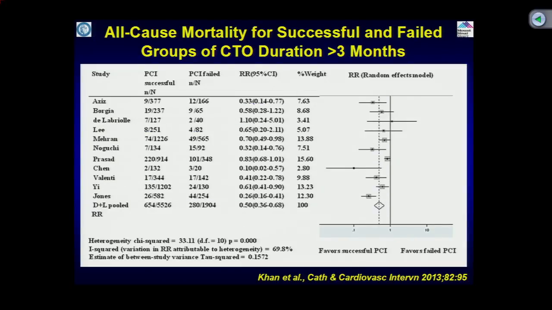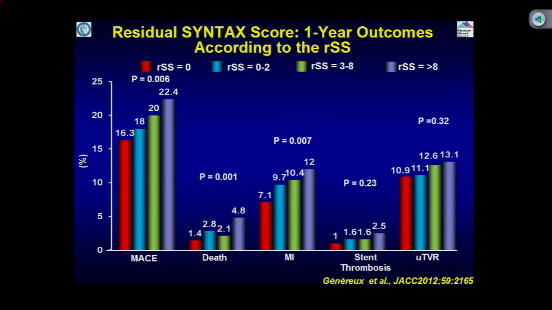Of the various data presented, this is the latest publication, which shows that in chronic CTO of more than 3 months, success is associated with lower mortality at follow-up compared to unsuccessful. These are not randomized data, but if you take the registry, successful CTO will have lower mortality, lower CABG, lower angina, and so on.